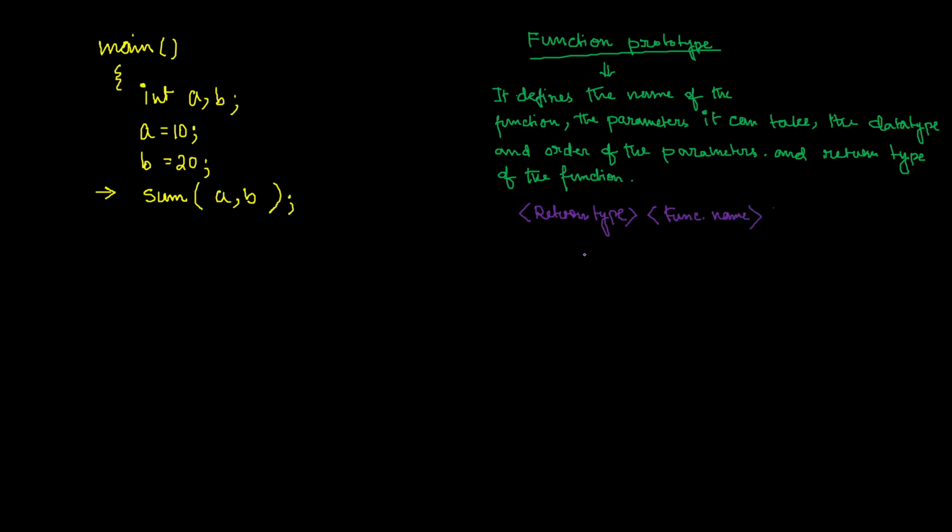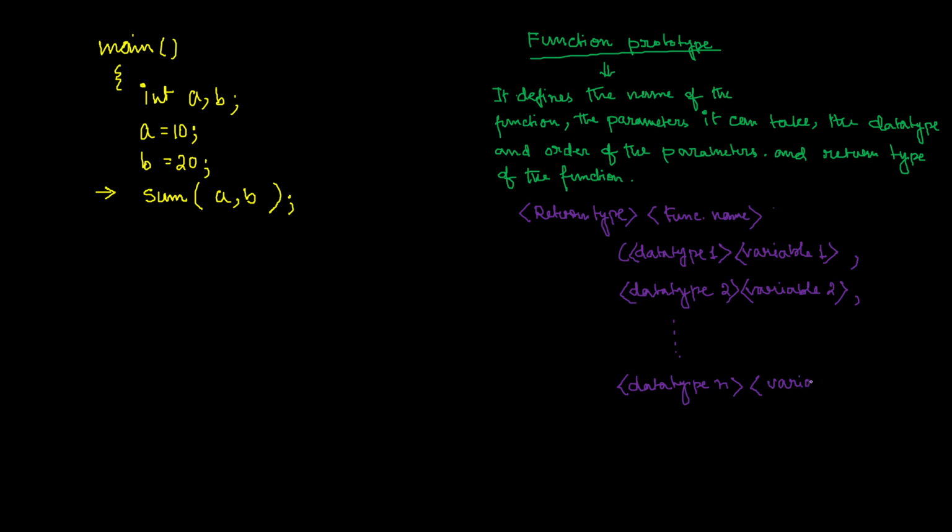then within brackets I am writing data type 1, variable 1, comma, data type 2, variable 2, comma, in this way, data type n, variable n.